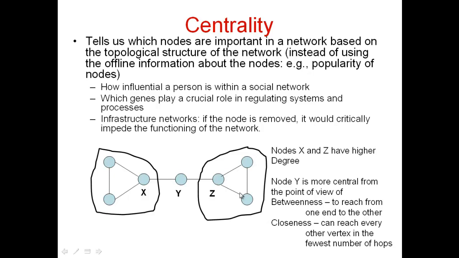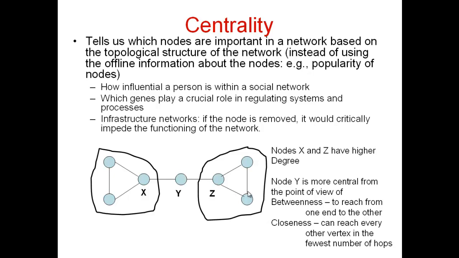So 3 times 3, there are 9 shortest paths between these 2 partitions, and all of them will go through y. There's no way for them to go through some other vertex. So from the betweenness point of view, y is the most important vertex in this graph.